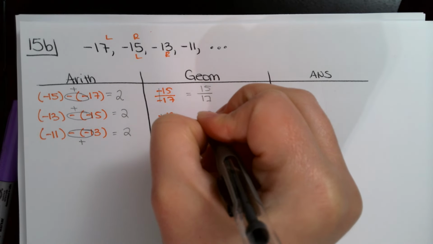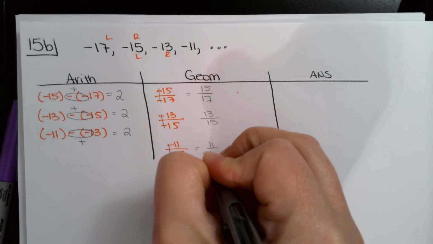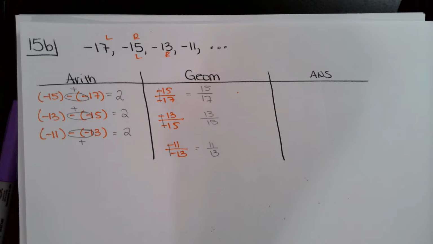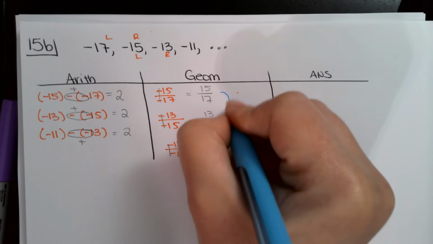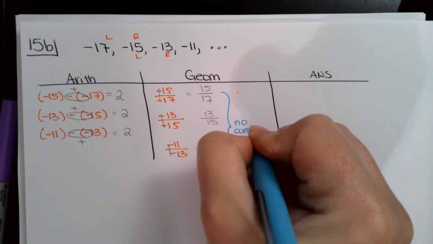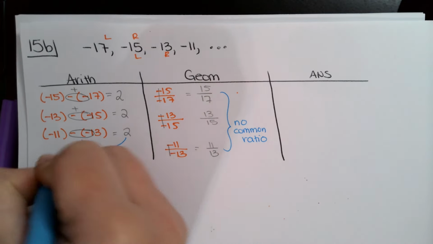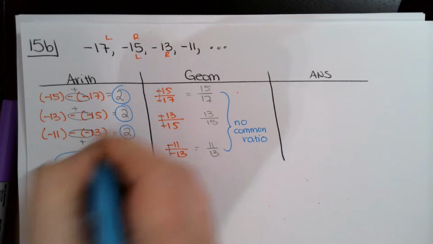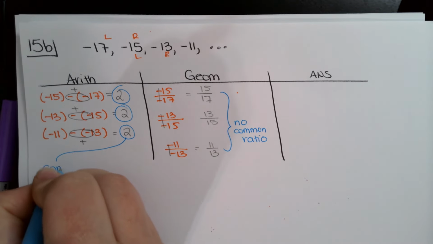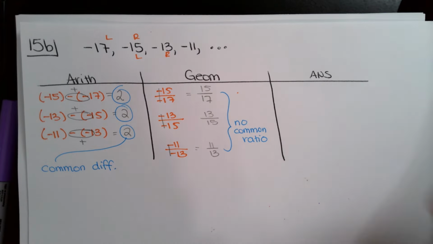These are prime. 17 is prime, 13 is prime, 15 is not prime. But we cannot simplify anything here. These do not have a common ratio. But here, yes, these are the same. So this is a common difference.